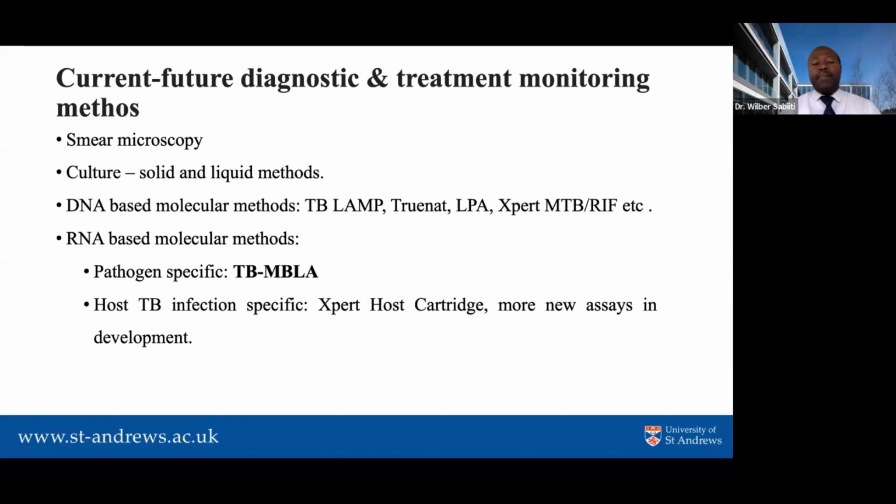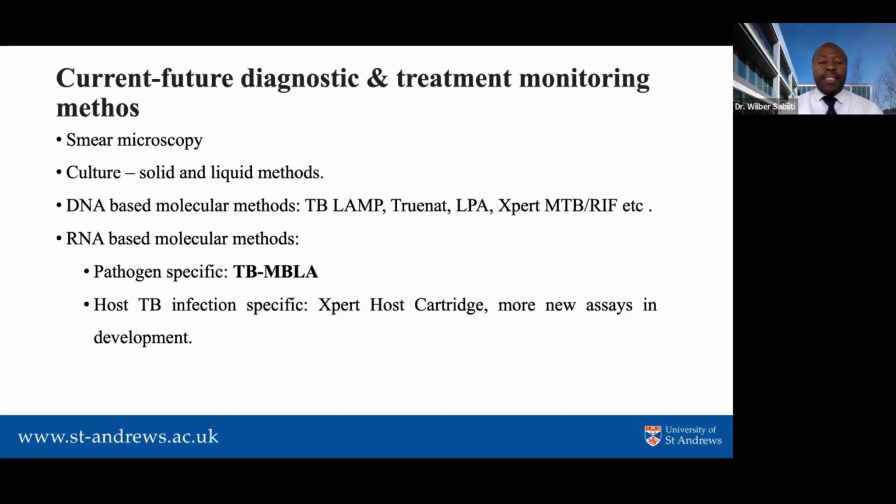Then we have DNA-based molecular methods, which include TB-LAMP, TrueNat, line probe assay, Xpert MTB/RIF, or Xpert MTB/RIF Ultra, which is the newest version of this technology. So those are the DNA-based molecular methods.